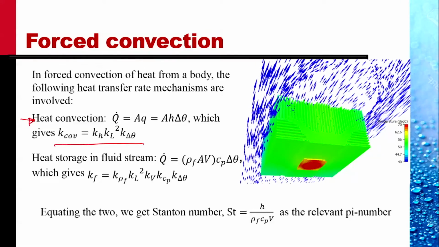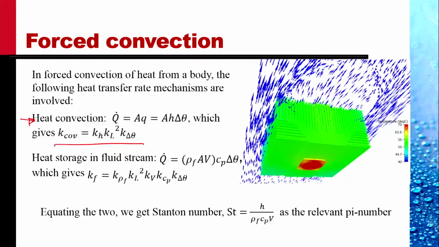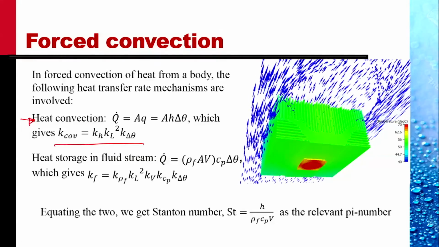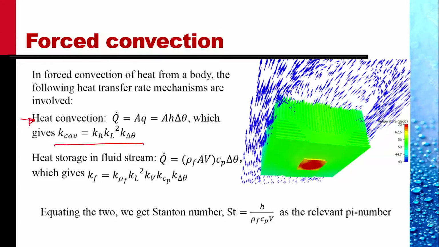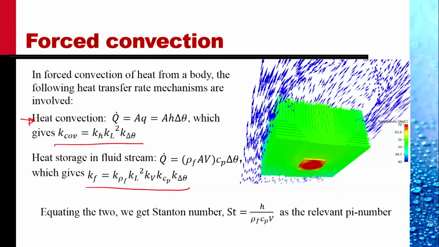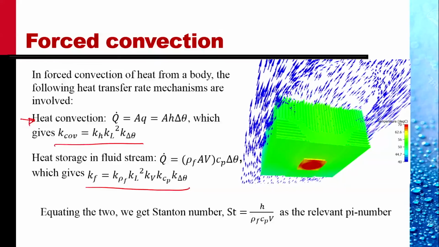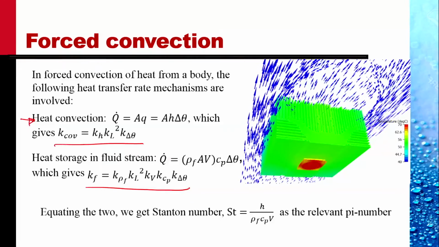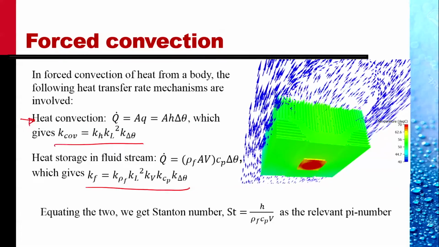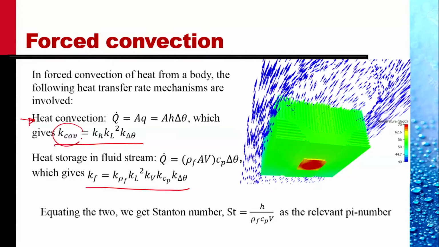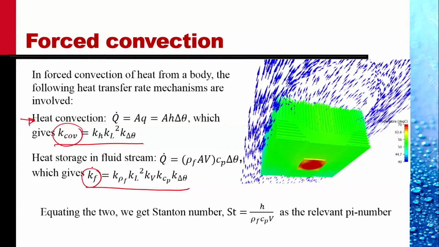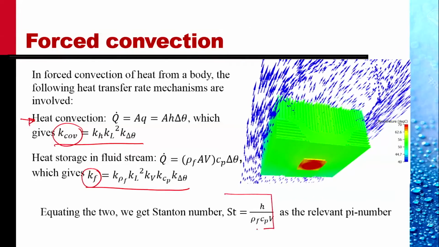Heat storage in a fluid stream: the fluid is picking up the heat and is getting heated up, so that we have for the heat storage in the fluid stream this scale factor obtained earlier in this lecture. Equating the two, K convective and K fluid stream, we get the Stanton number, a relevant pi number.